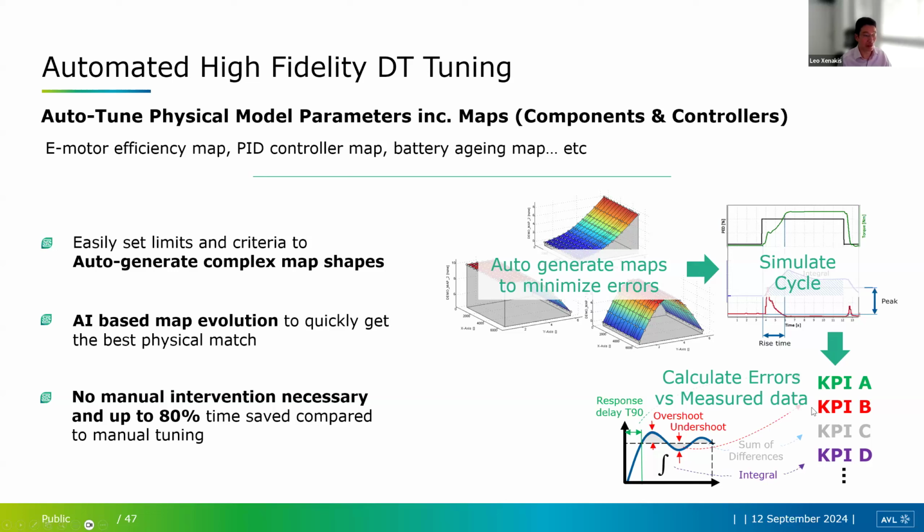But essentially, you're looking to have some kind of key performance indicator on what the error is between what you should get and what you are getting. And then this trains the behavior model. Based off of this, map shapes which are much closer to reality are prioritized. And there is an algorithm that allows these map shapes to evolve, and new maps are generated, and the cycle continues until we're happy with the output.